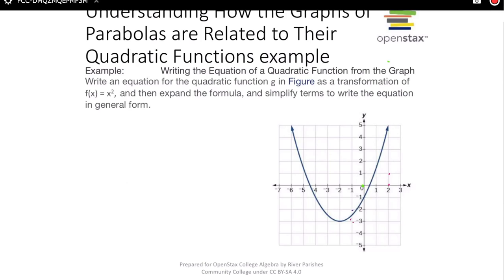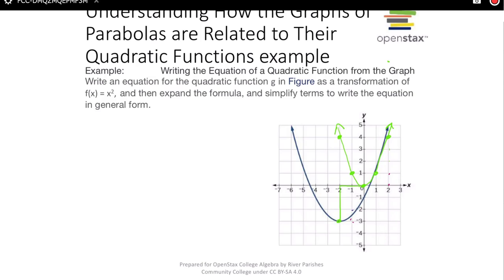So I just want to show you the graph of f of x equals x squared, the parent function, it looks like this. Okay, so you can see that we've shifted left 2 and down 3.